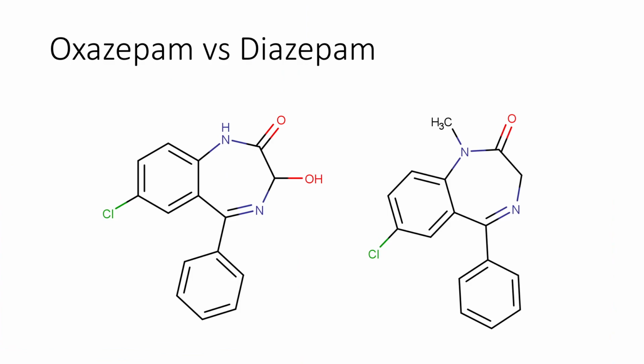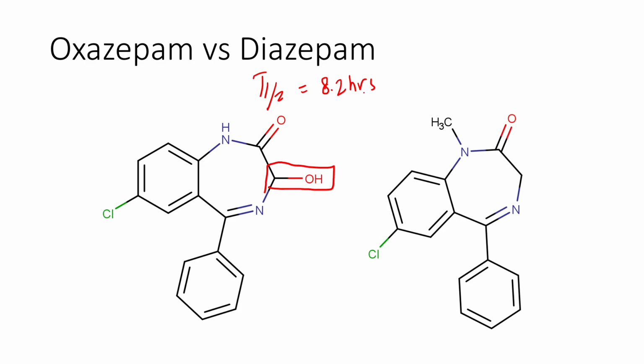So in this case, this is an example of 2 drugs which has an OH difference. So they're practically the same drug. However, they have a difference in the 3rd position in which oxazepam, this is oxazepam, has an OH while diazepam on the right has no OH. The half-life of oxazepam is actually 8.2 hours.